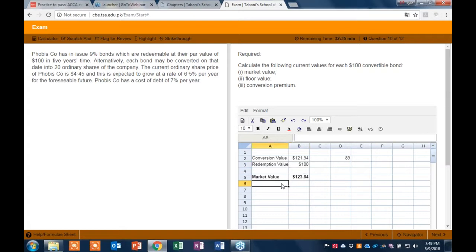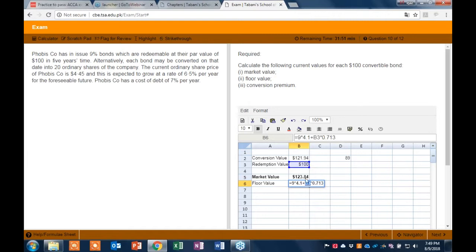So floor value is actually the minimum value of the bond in the worst case. So the worst case for any investor will be, let me copy paste this figure here, that the investor will be getting $9 every year for 4 years, but at the end of the 5th year, in case these shares do not grow at 6.5% and stay as they are, the investor will go for redemption and they will get $100.